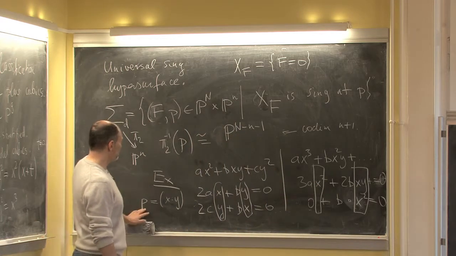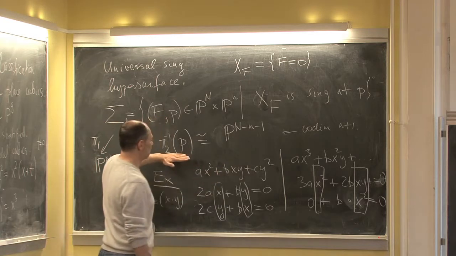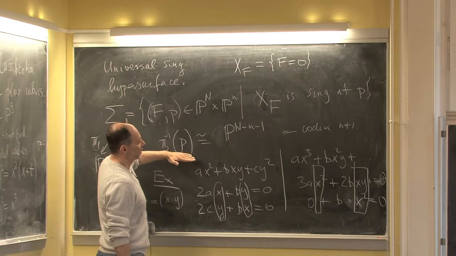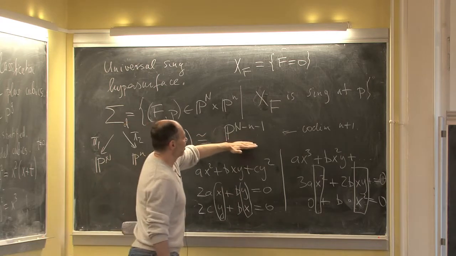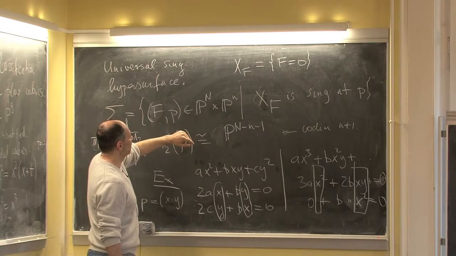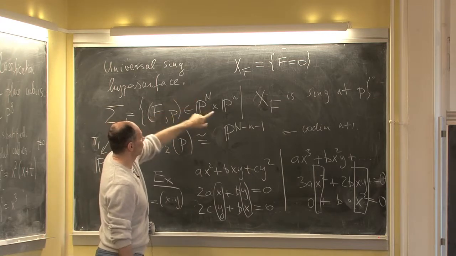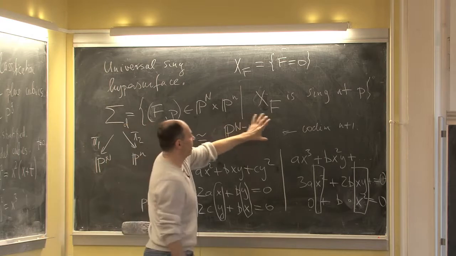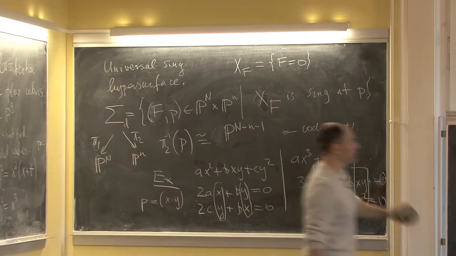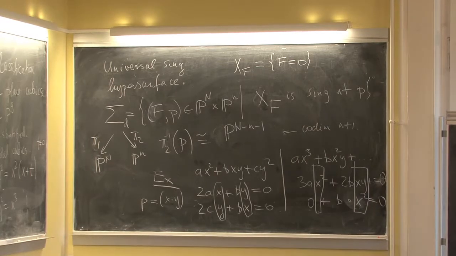So when you fix the point, the equations are linear, and they are obviously linearly independent, that's easy to check, and so in P^N, for each point, you'll have a linear subspace of codimension n plus 1. Okay.